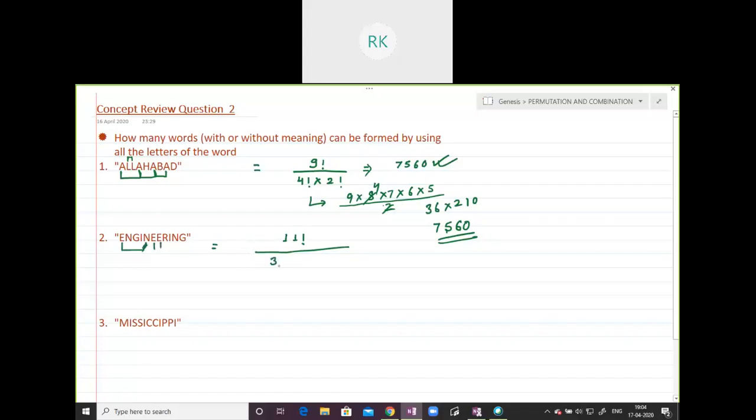E repeats 3 times. And N repeats again 3 times. Right? And anything else? I repeats how many times? 2 times. And G repeats how many times? 2 times. Wonderful. I hope you get the answer. 277200. Wonderful.